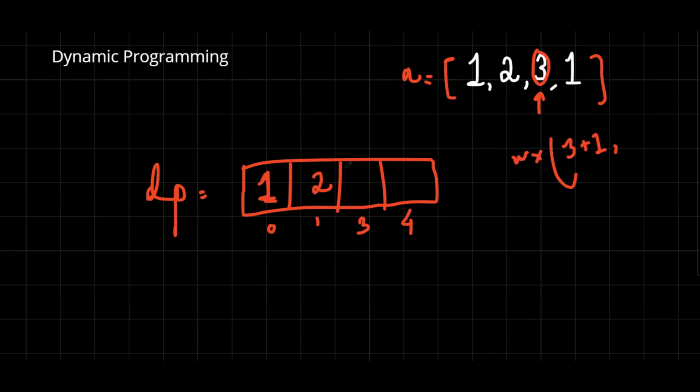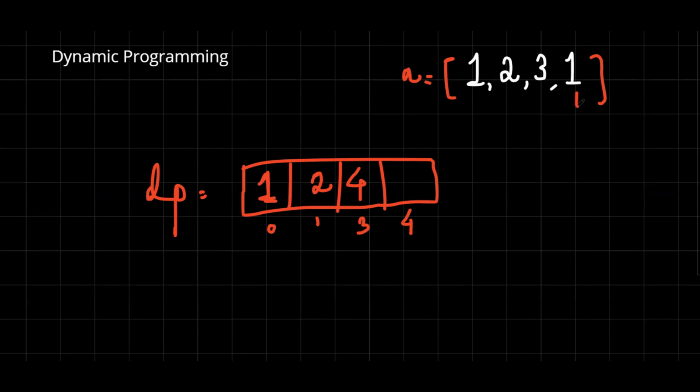In this case, we can only take the element 2. So here the maximum of 4 and 2 is 4. So the answer will be 4 for this third element in the DP, because we can take this 1 and this 3. The summation of 1 and 3 is 4.